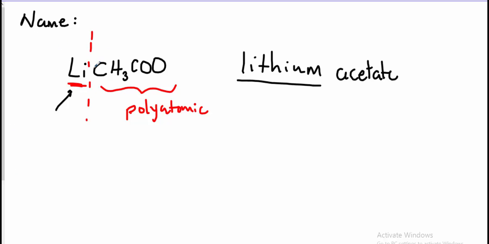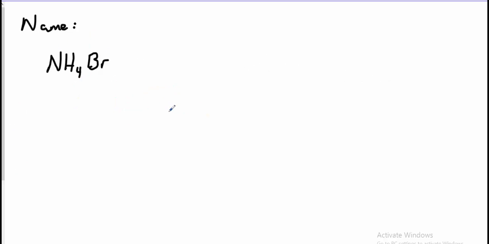Here's another example, NH4Br. Okay, again, looking at it right away, recognizing that I see 1, 2, 3 different elements in this compound. I have to have a polyatomic ion present. The question is, where do I break it up? Well, I know that this compound cannot be ionic and start with nitrogen.